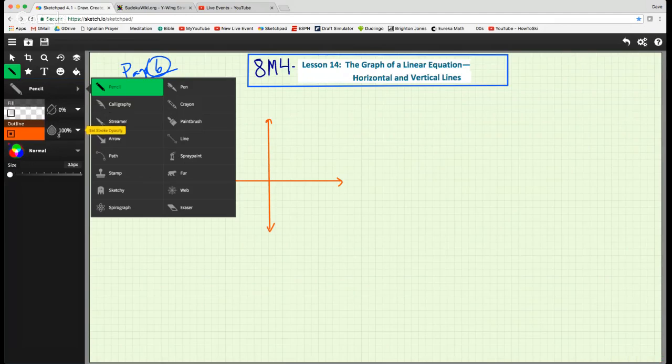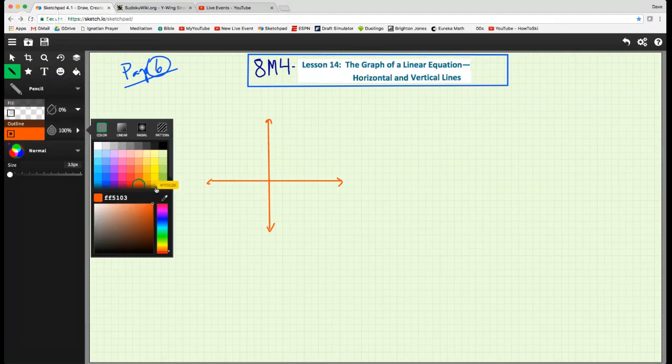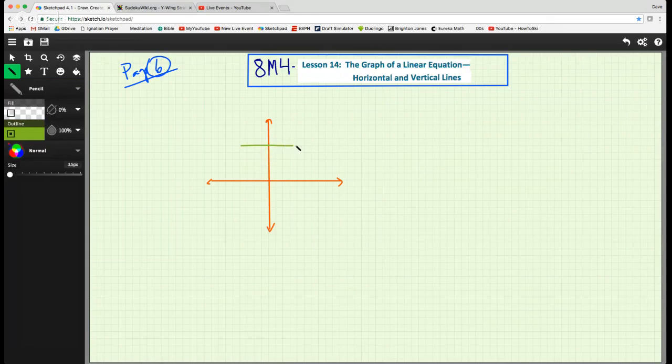I'm going to make a line here, and I'm going to say 1, 2, 3, 4, 5. This is 0, comma 5. I'm going to say what equation of the green line. And if you're really on the ball, you'll be able to get this.